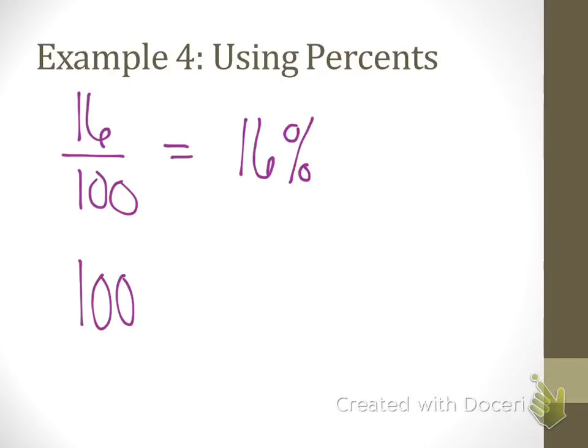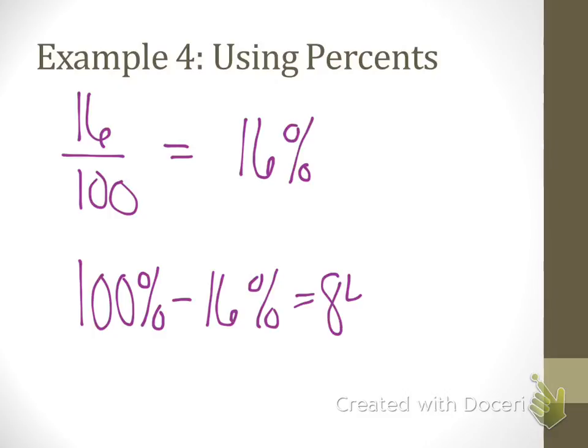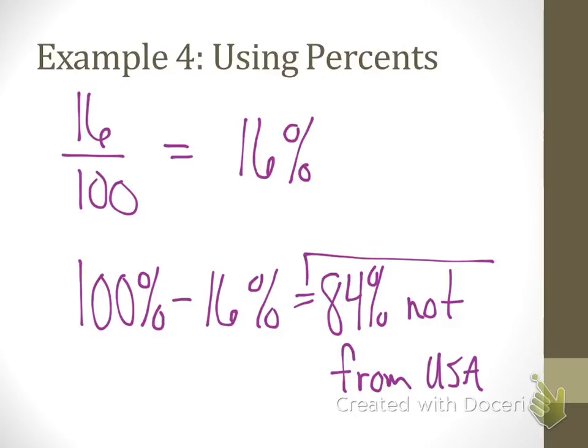So 100% minus 16% gives us 84%. And just make sure you label not from U.S. And this is just like number 40 on your homework tonight. All right, guys. If you understand that, that's everything you need to know for 9.1.